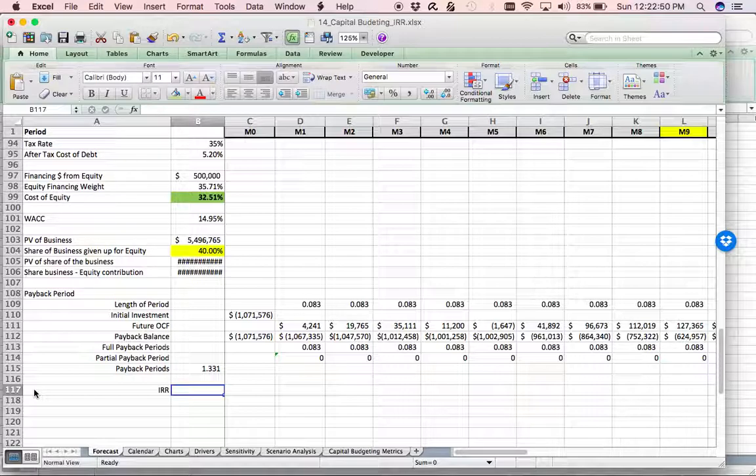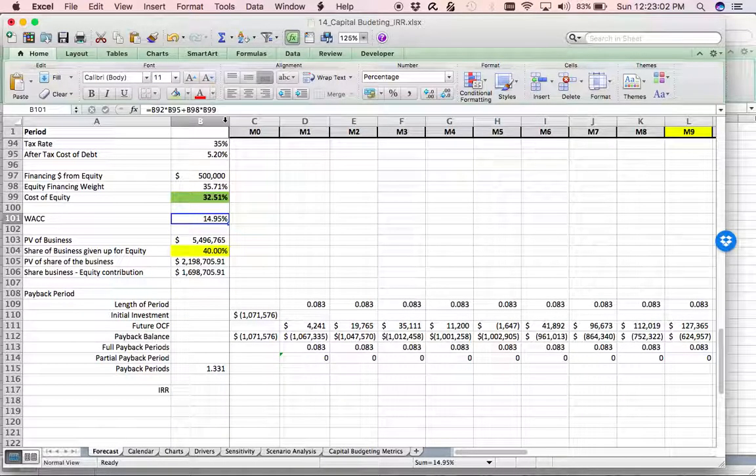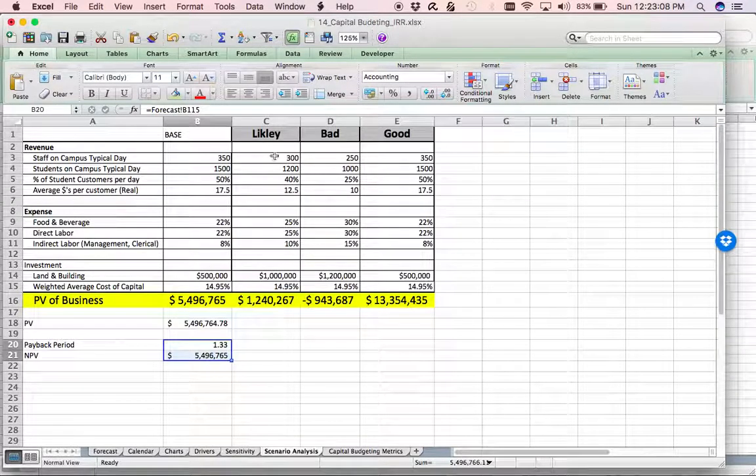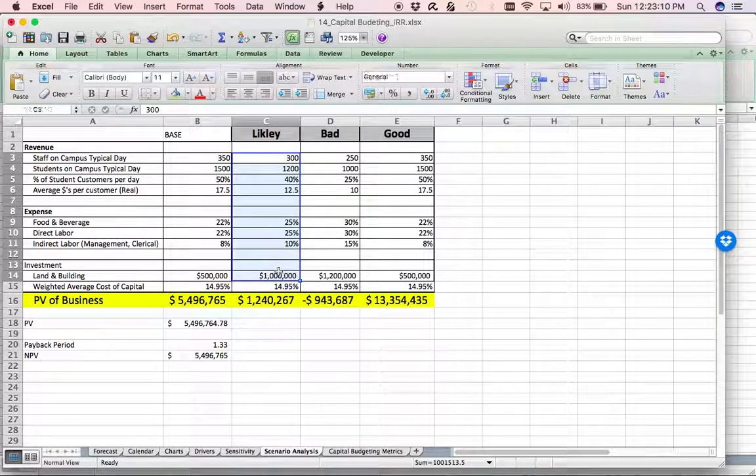The challenge there is that the internal rate of return is whatever your cost of capital would be that would set the present value of your business, or the NPV, equal to 0. All right. And so let's go ahead and put ourselves back on the likely scenario again real quick.